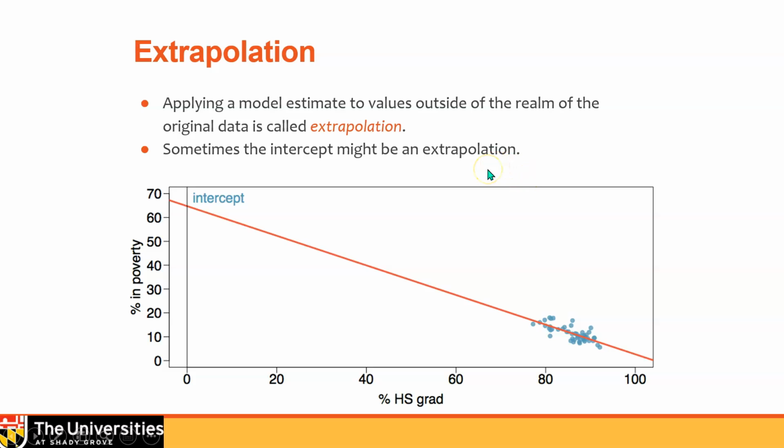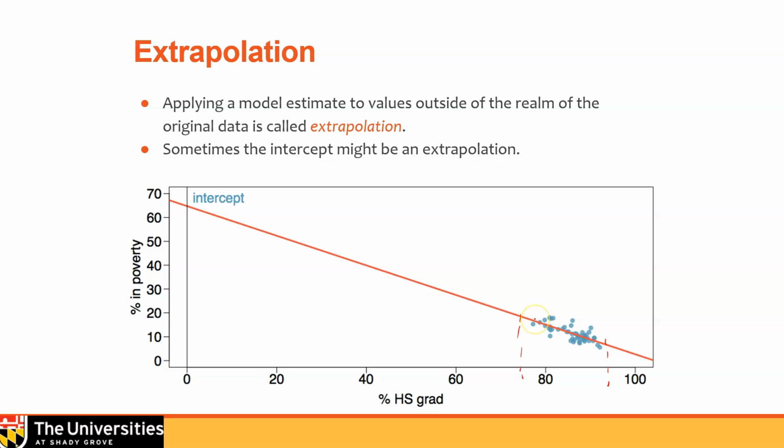The other thing we want to cover is that applying a model estimate to values outside of the original data is called extrapolation. So this is the domain of our original data approximately. Here's a line that extends all the way out to where there's 0.